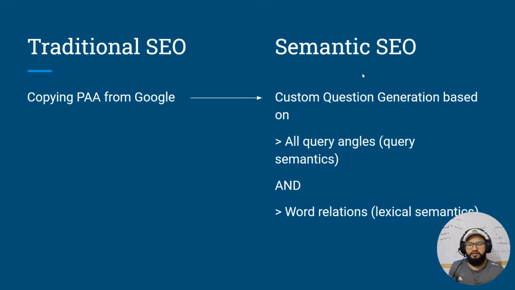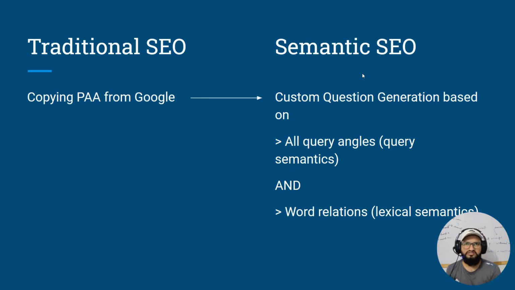Once again, another difference between traditional and semantic SEO is people copy the People Also Ask results from Google, and by just copying the list, they say that their content is optimized for all the questions that someone could ask on Google, but not all questions.